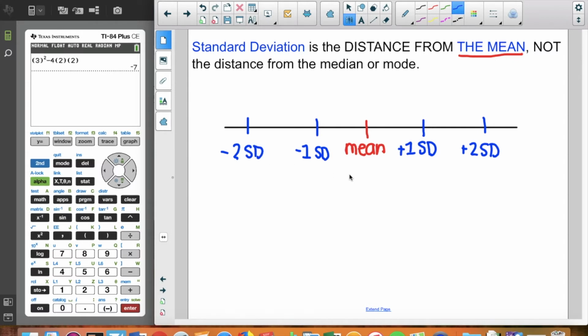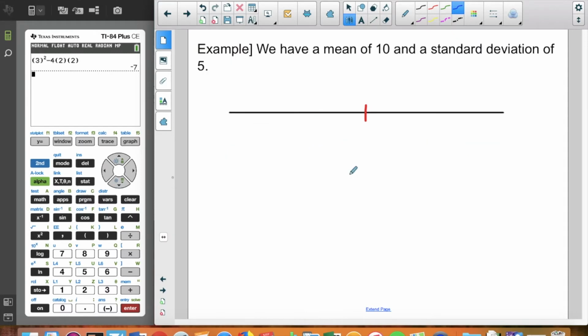I know this doesn't mean much right now, but we are going to be putting some numbers to what this means. So let's move forward. So here's an example. We have a mean of 10 and a standard deviation of 5. So our mean goes in the middle and it is 10. So this is our mean.